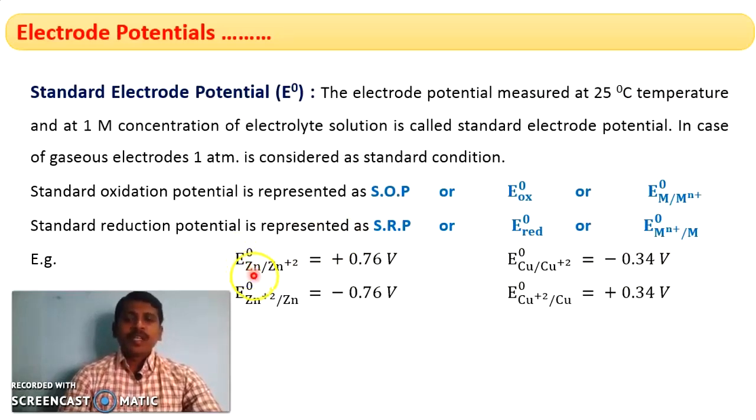For example, for the zinc electrode, the standard oxidation potential is plus 0.76 volts, and the standard reduction potential is minus 0.76 volts. If you consider the copper electrode, SRP is E naught Cu^2+|Cu equal to plus 0.34 volts. Its SOP is minus 0.34 volts.